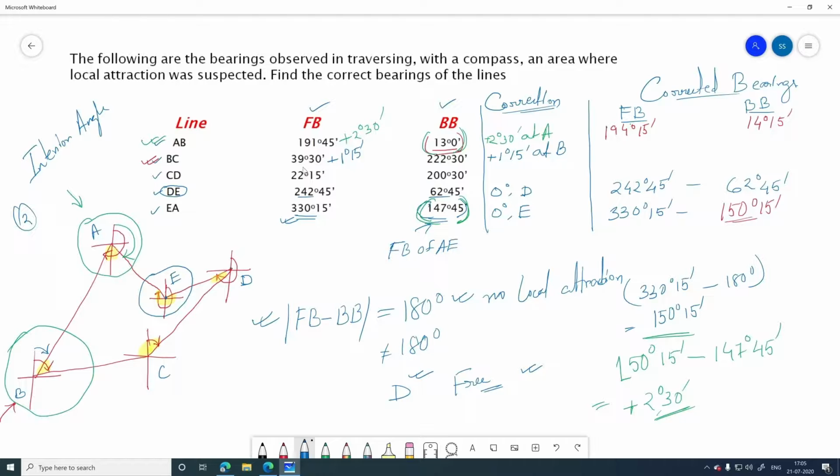That will be 39 degree 30 minutes plus 1 degree 15 minutes. So ultimately what will be the value? That is 40 degree and 45 minutes.